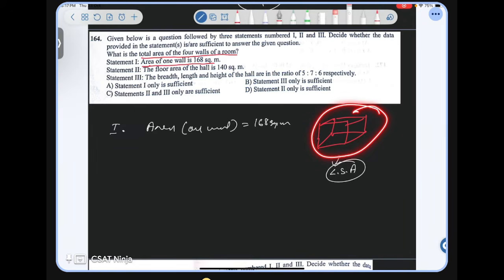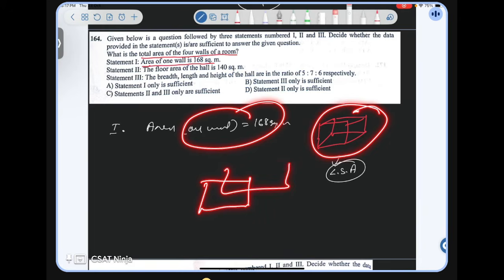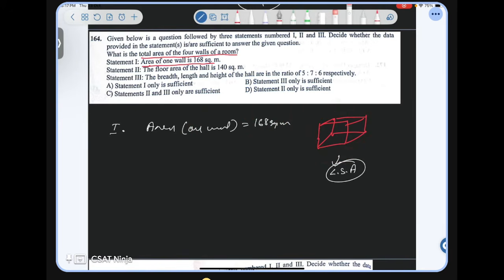Just one area is given. If it was a cuboid, the area of this wall and the area of this wall will be different. So statement number one alone is not sufficient to answer. Directly I'm crossing that.